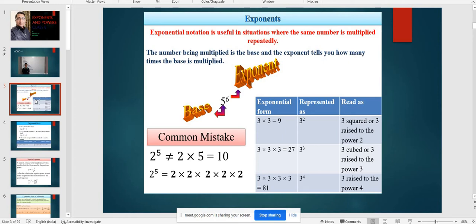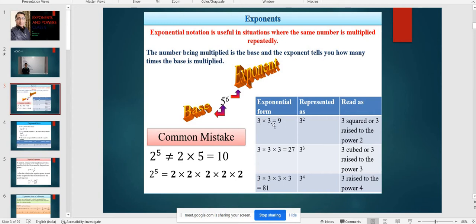In the video you also observed the same thing. Here it's 5 to the power 6. So here 5 is called the base and 6 is called the exponent. The number being multiplied is the base and the exponent tells you how many times the base is multiplied, right?